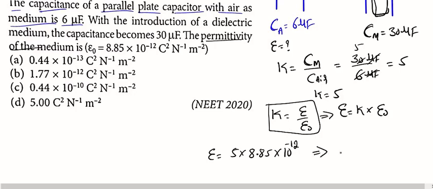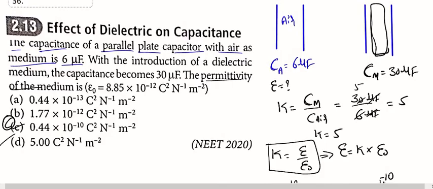So what is the answer for this question? The answer is 0.44 into 10 to the power of minus 10. So option C is the right answer for the 36th question.